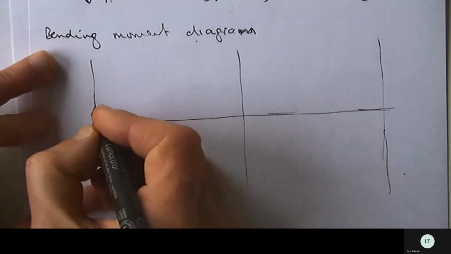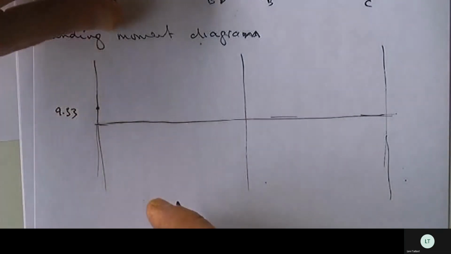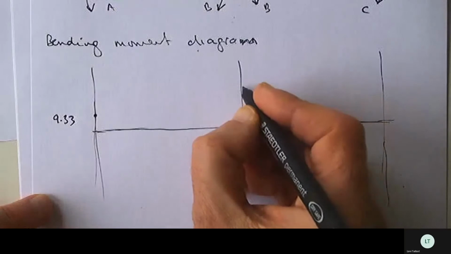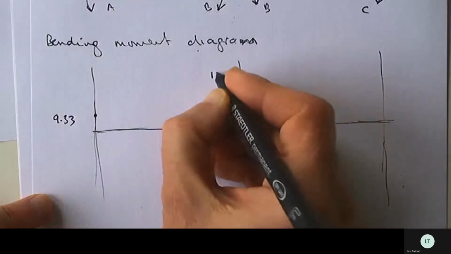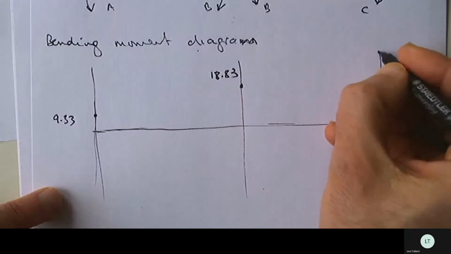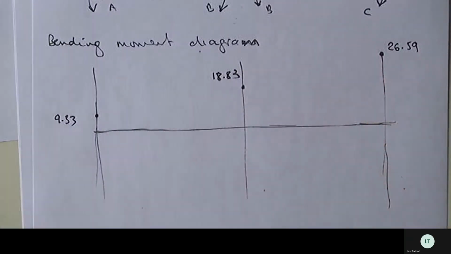Top. Again, here you can see 1883 is at the top. And finally, at C, we have at the top 2659.